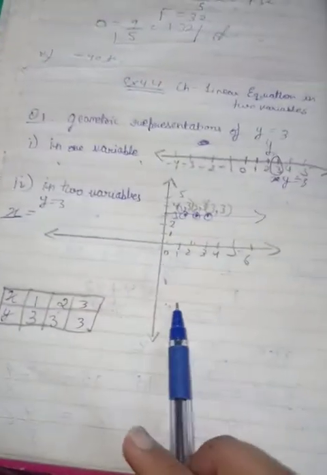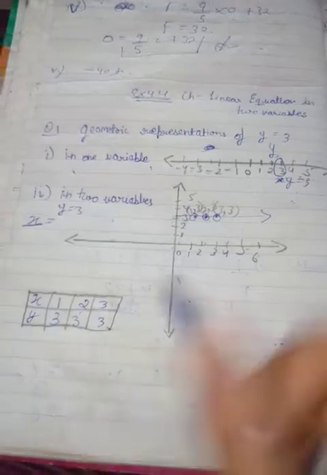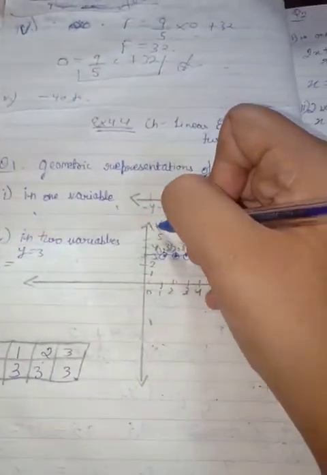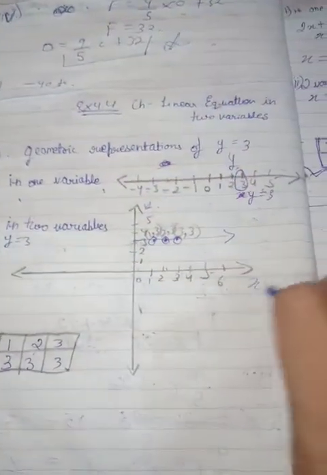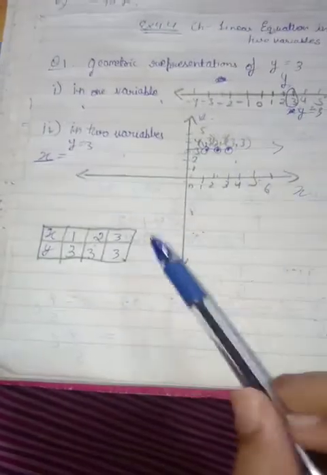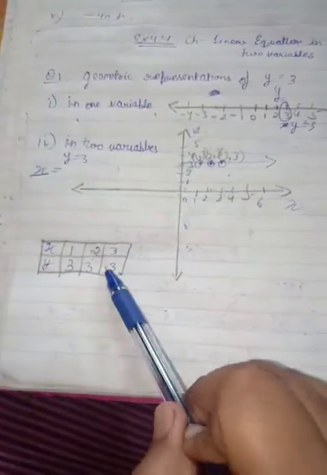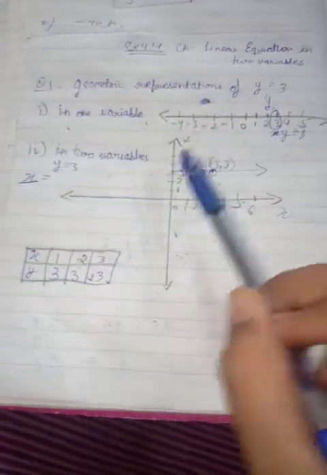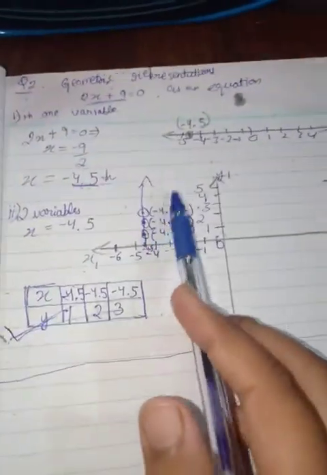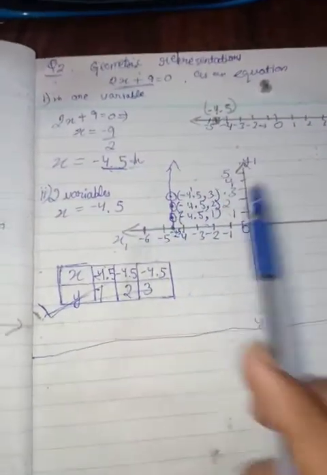So this is the first question. This is the y-axis, this is the x-axis. We have plotted this on the Cartesian plane. Always remember that when we get one straight line, our answer is correct.